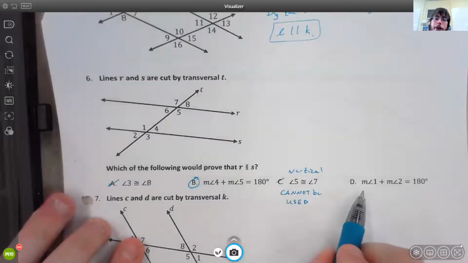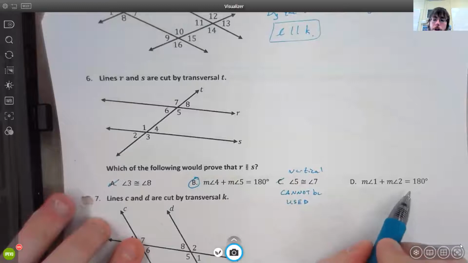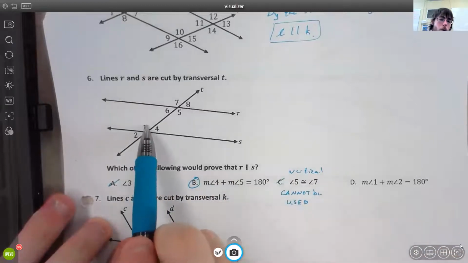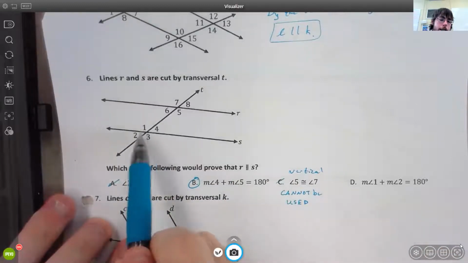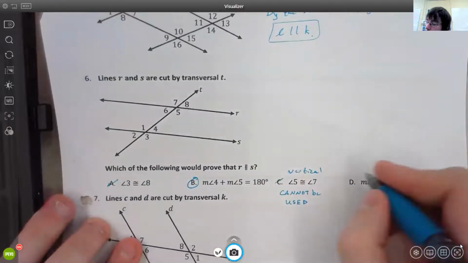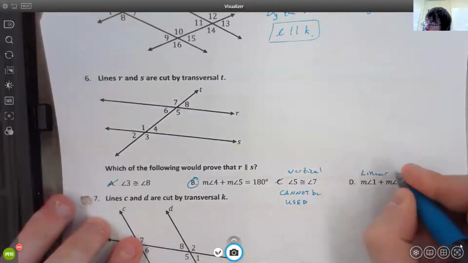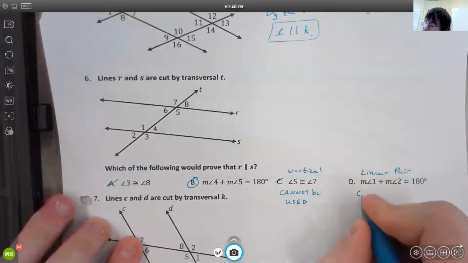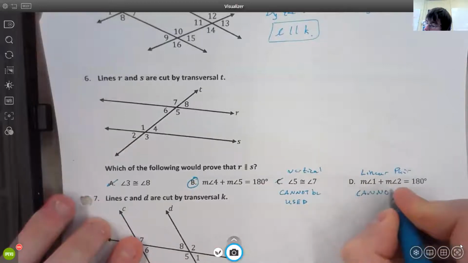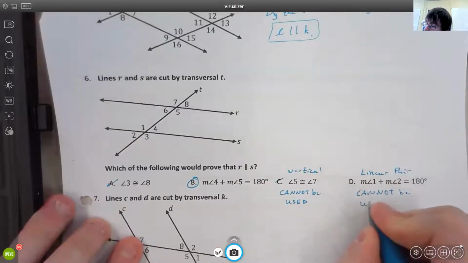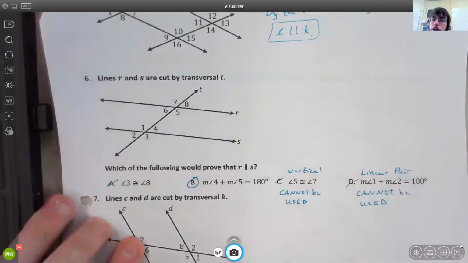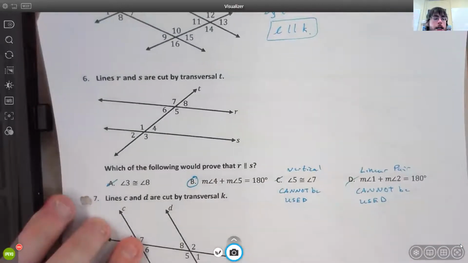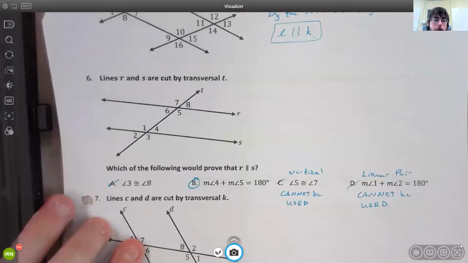And then here, D, the measure of angle 1 plus the measure of angle 2 is equal to 180. Angle 1 and angle 2 are a linear pair. Full stop, you can stop. Linear pairs can also not be used. So vertical angles and linear pairs cannot be used to prove lines are parallel.